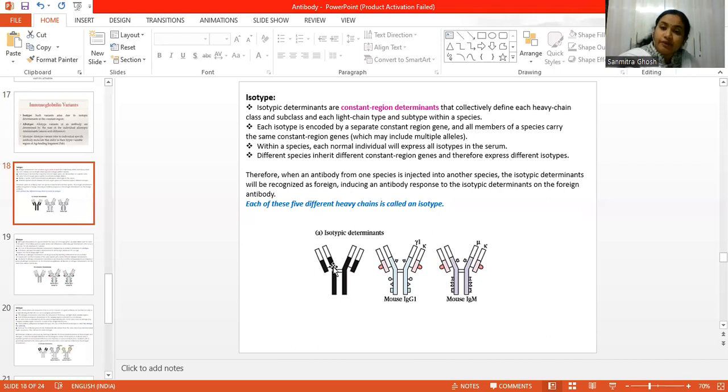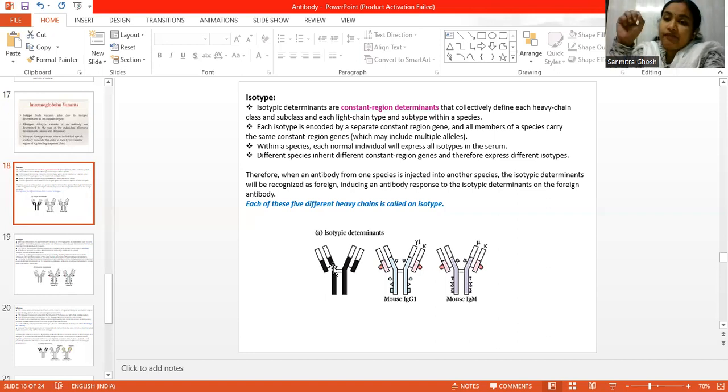And each and every member of a species, that means if we are talking about Homo sapiens, that means us, each and every member of the humans carries the same constant region genes. But one thing should be kept in mind, that although the basic genetic structure is the same, multiple alleles for each and every one of these genes can be possible.